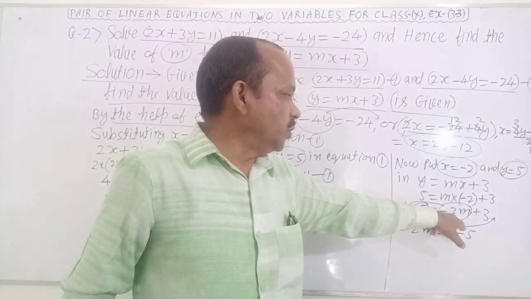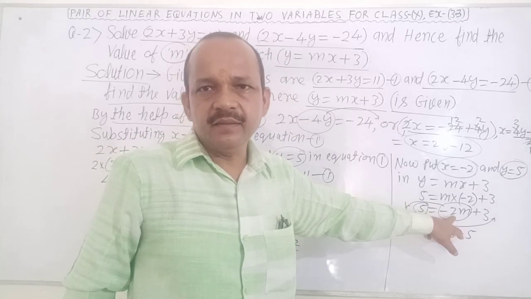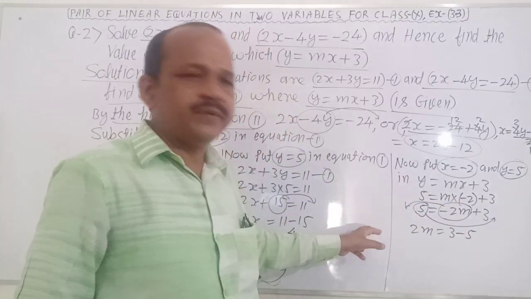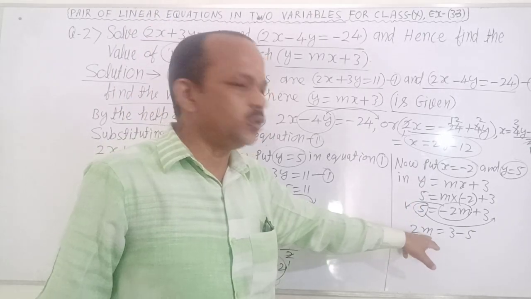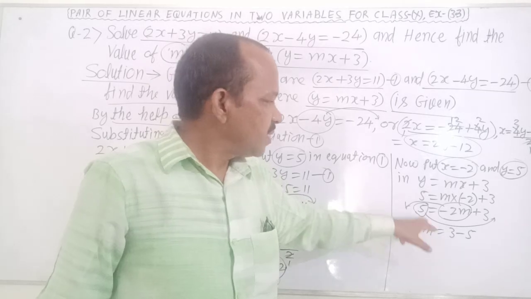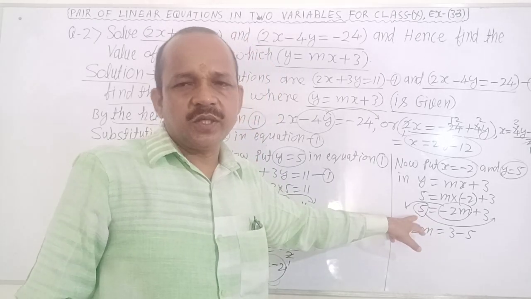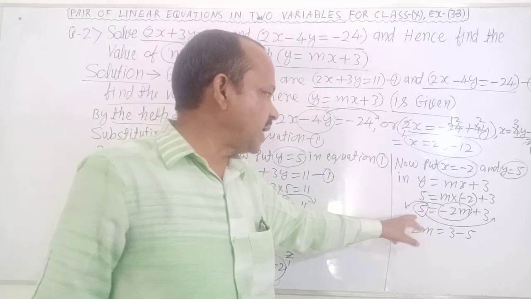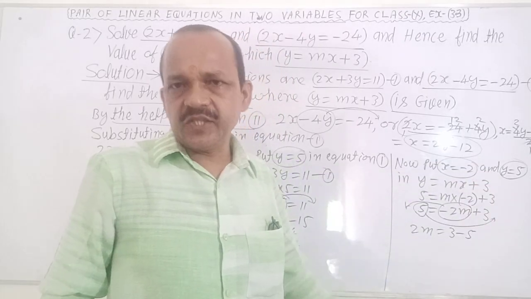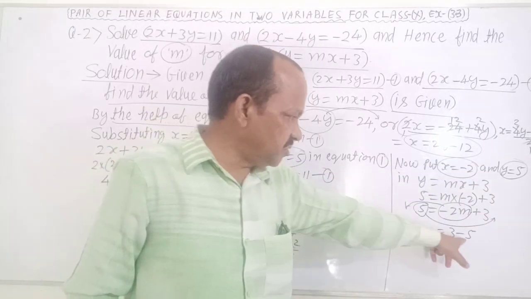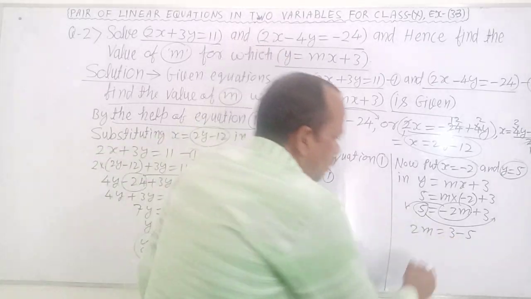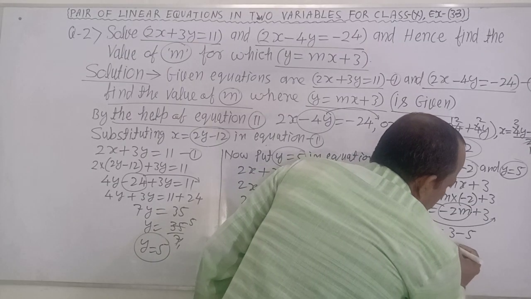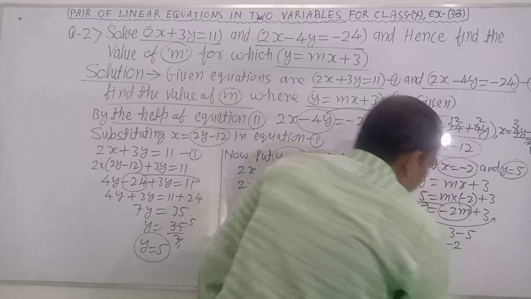Here 2m with minus sign, when you write it on the left side of equal, then it becomes plus 2m. Here 5 is with positive sign, when you write it on the right side of equal, then it becomes minus sign. Clear? Now you subtract it. You find 2m equal to minus 2.